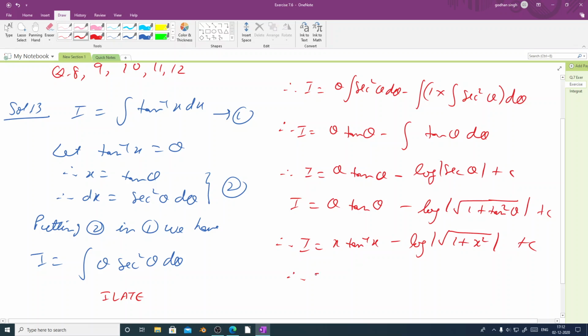And therefore I equal to x tan inverse x, and root means power 1 by 2, so minus half log modulus of 1 plus x square plus c. So this is the answer of question number 13.